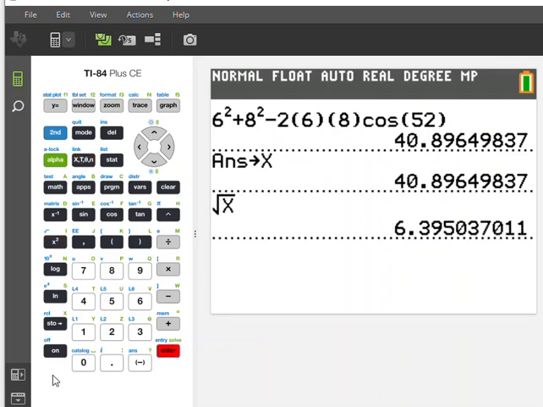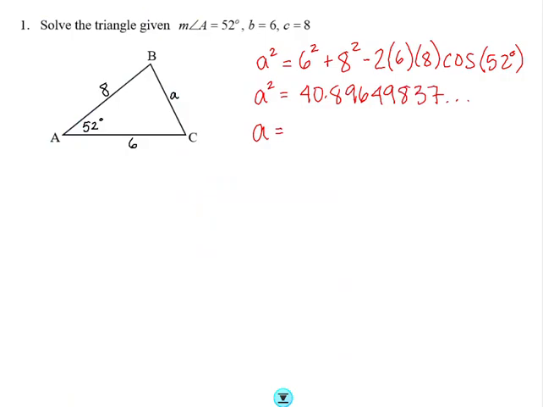In this situation, the store button is not necessary because we really only have one small calculation to do, and that is take the square root. But in some future examples where the calculations get more complicated, using the store button will be helpful. So here is our answer for side A, and we can round this to 3 decimal places.